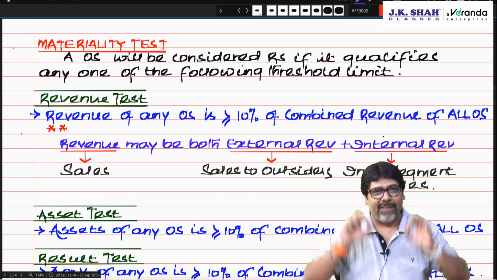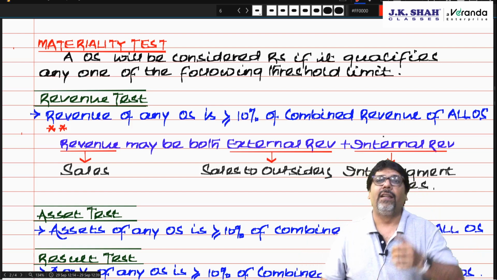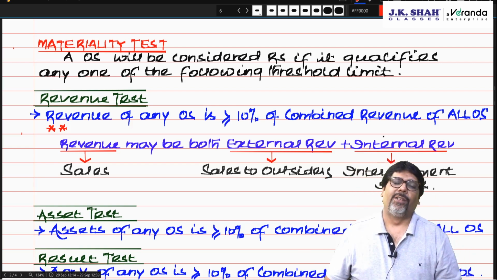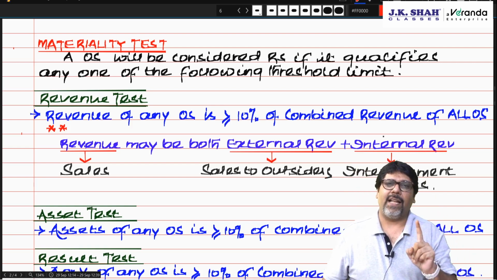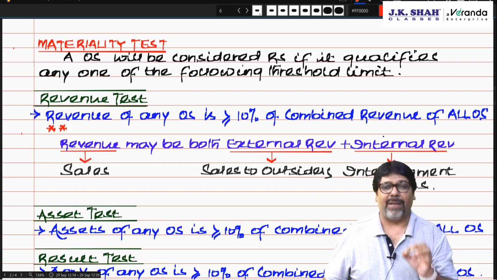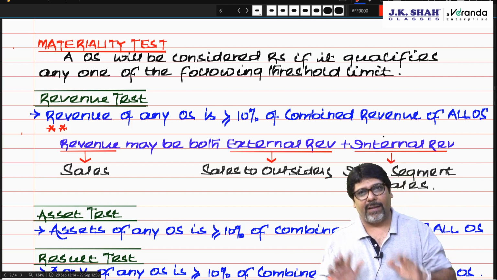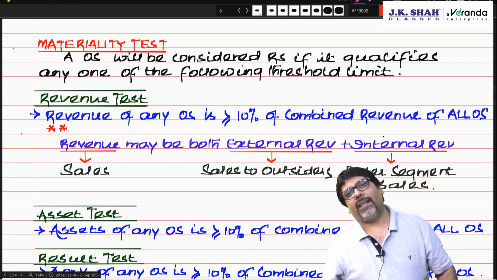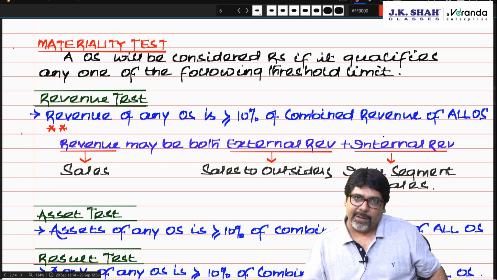So when I say revenue, revenue does not mean only external sales, it means internal sales also. So over here, the first condition says that revenue of the segment should be 10% or more than the total segment revenue of all the segments put together, and revenue for this purpose means external plus internal. Internal revenue means inter-segment revenue.